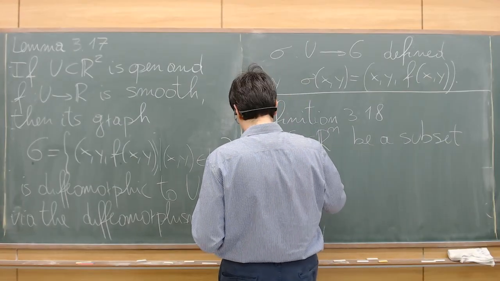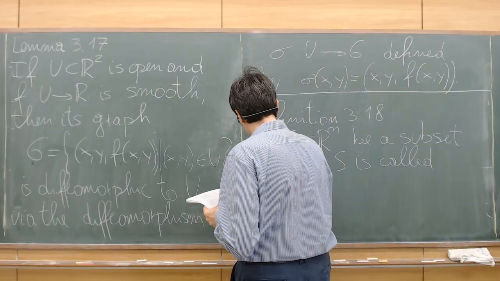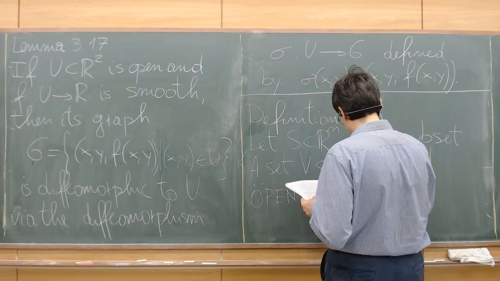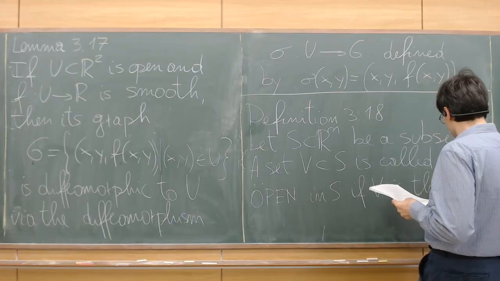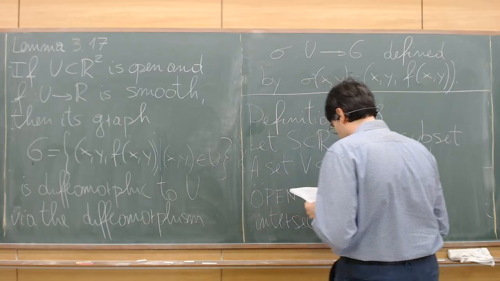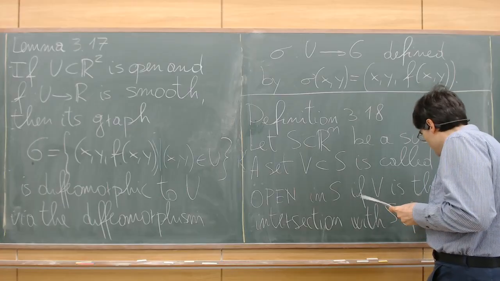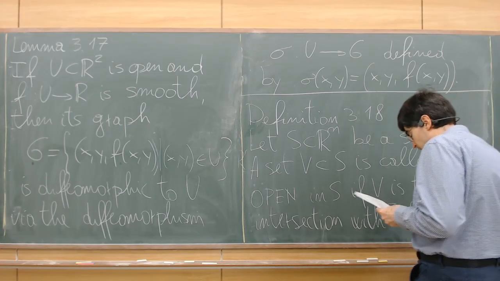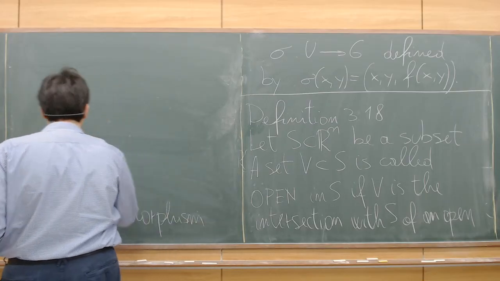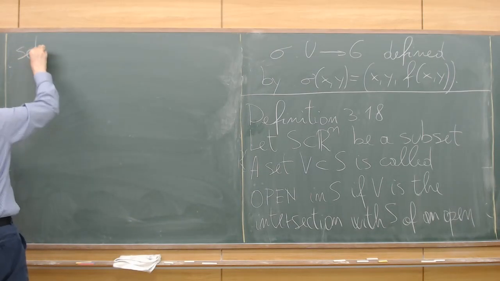A set V contained in S is called open in S if V is the intersection with S of an open set in Rn.